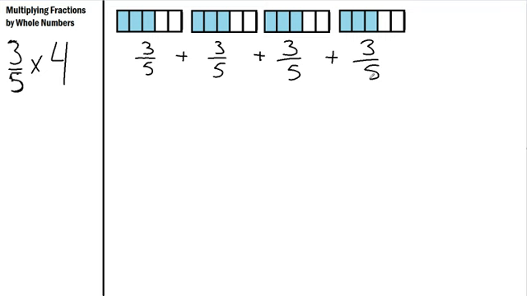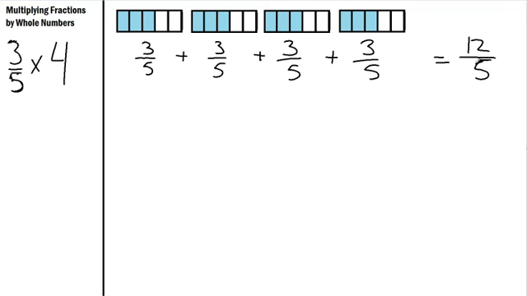Whether I look at it as a visual fraction model or as repeated addition, I will come up with 12/5.